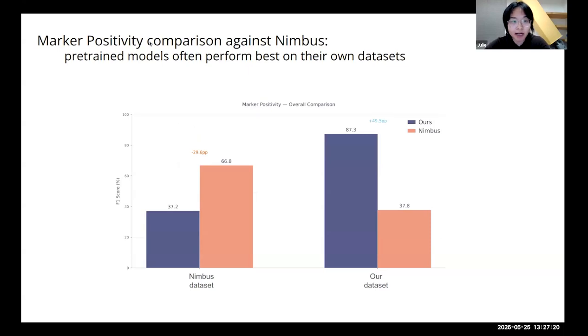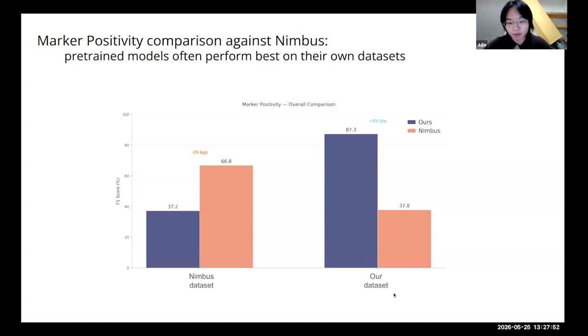If we compare our marker positivity prediction against a prior method, Nimbus, to give a little more context, Nimbus is also a pre-trained model, and so is ours. Nimbus is trained on their own dataset, and when you run the marker positivity prediction, they perform pretty well on their own dataset, but much worse on ours.